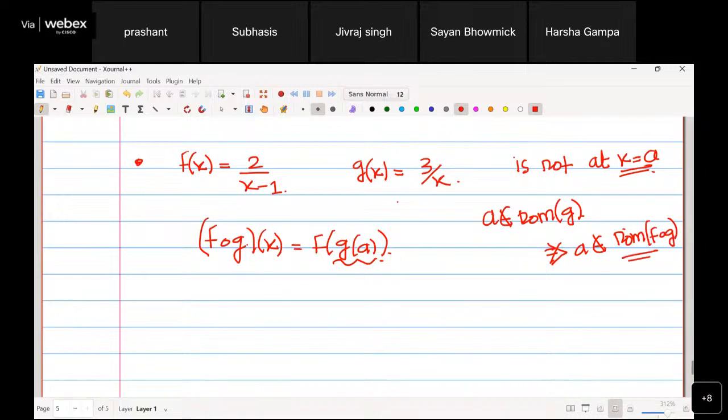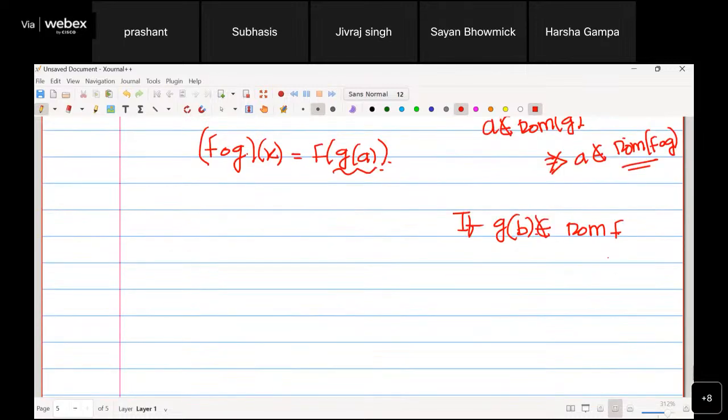The next thing is, let me take another case: if g of b is not in the domain of f, that means b can't be in the domain of f compose g.